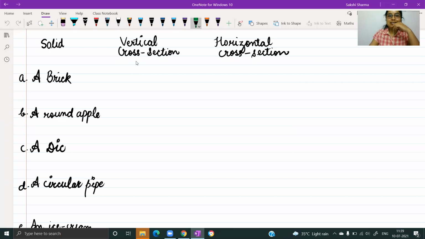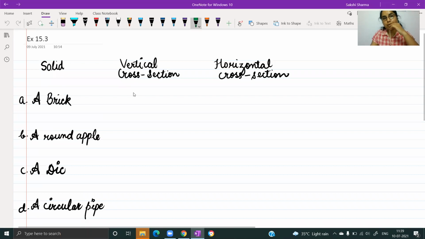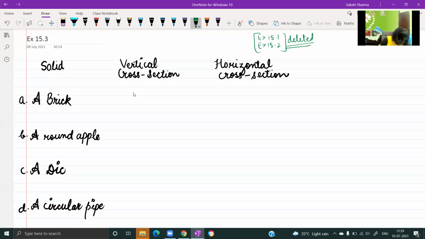Okay, this is exercise 15.3. Kindly note 15.1 and 15.2 are not in syllabus. The next one, we have the solids given to us.